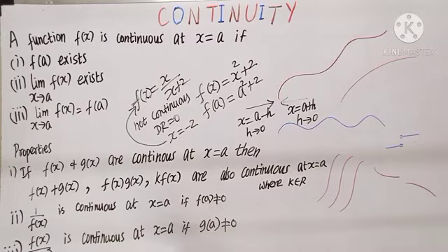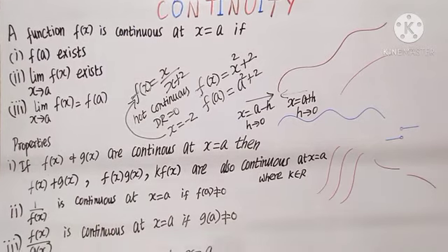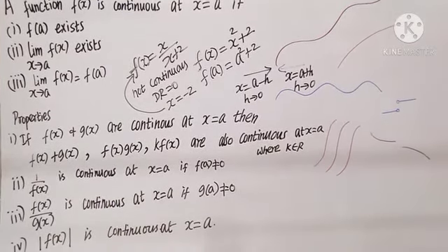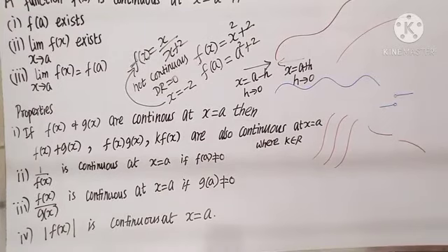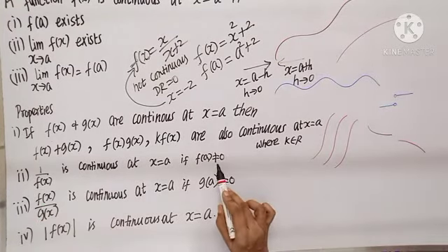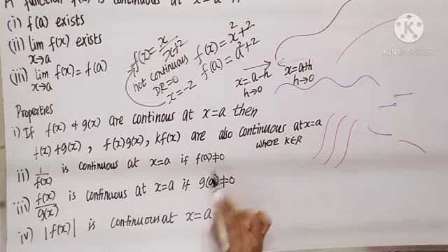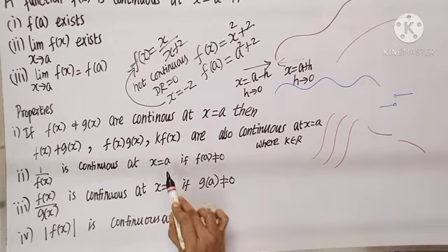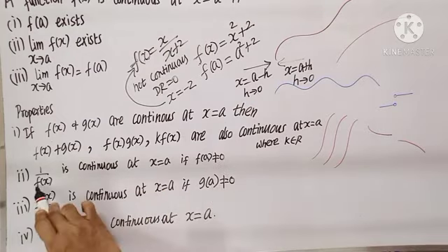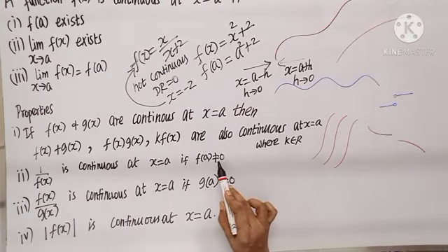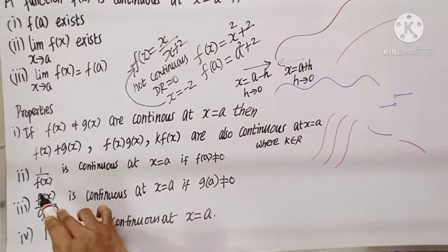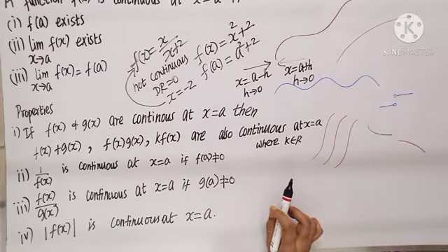Now, when I have a quotient, 1 by f of x or f of x by g of x, what should I remember? The denominator should not become 0. My question is at x equal to a. So if f of a is not 0, then 1 by f of x is also continuous.